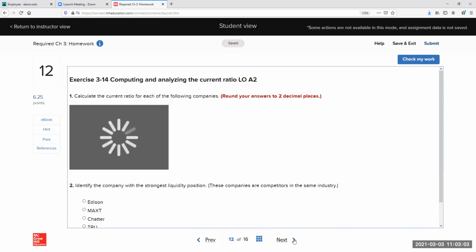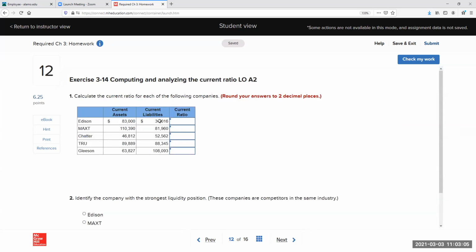Okay, so all right, how about 12? Computing current assets, the current ratio. So take what you have short term to what you owe short term. What do you have short term, 12 months or less, to what you owe 12 months or less? You divide current assets by current liabilities: 34,016, I have 244.